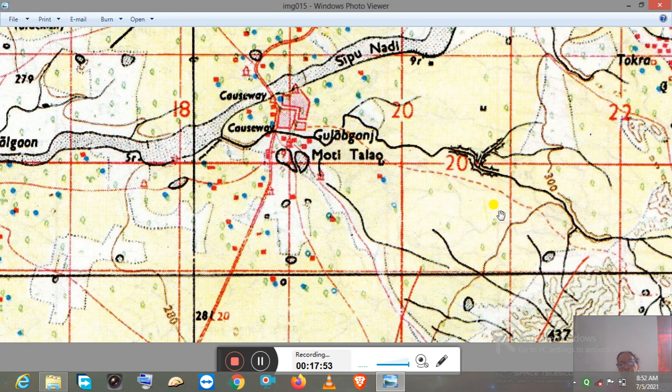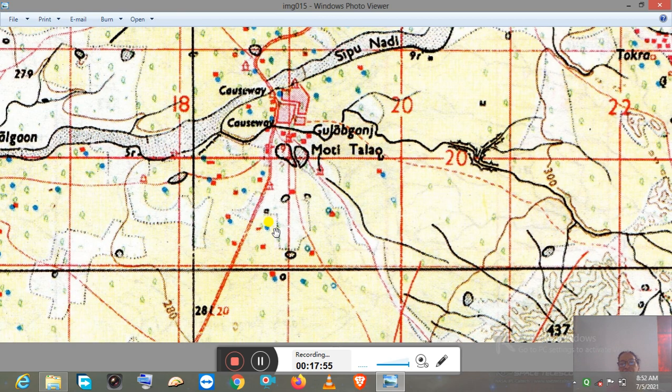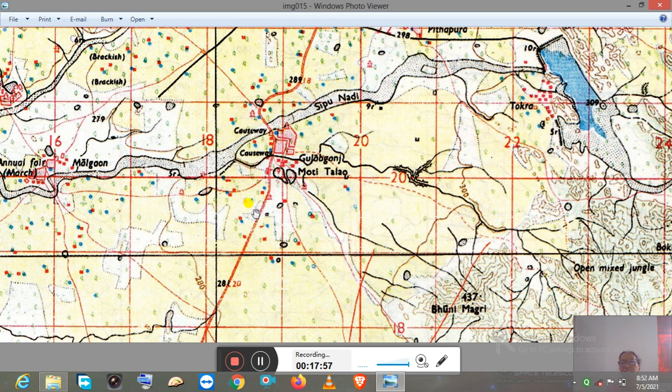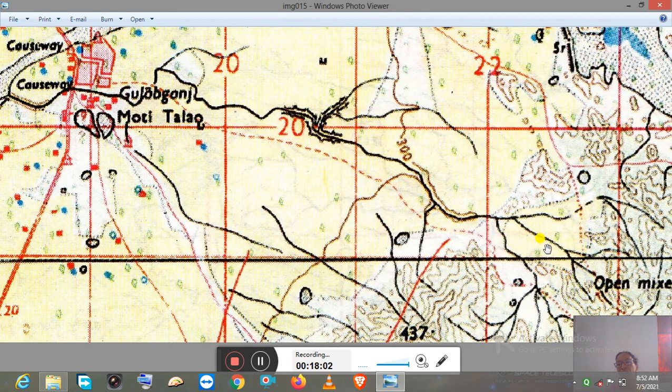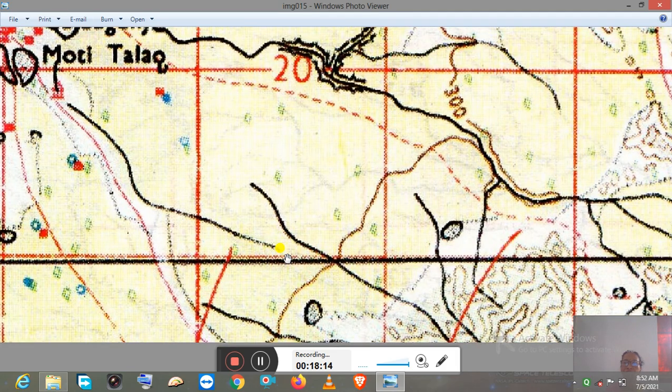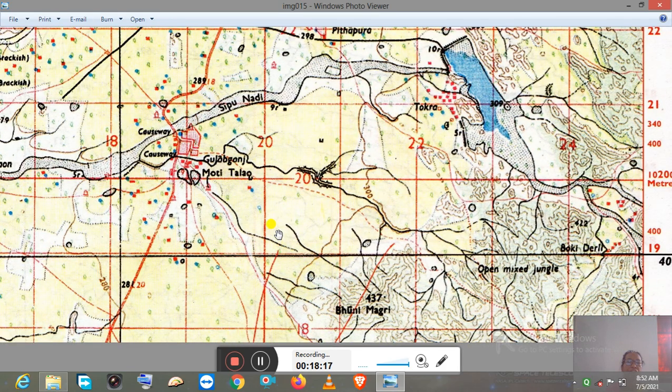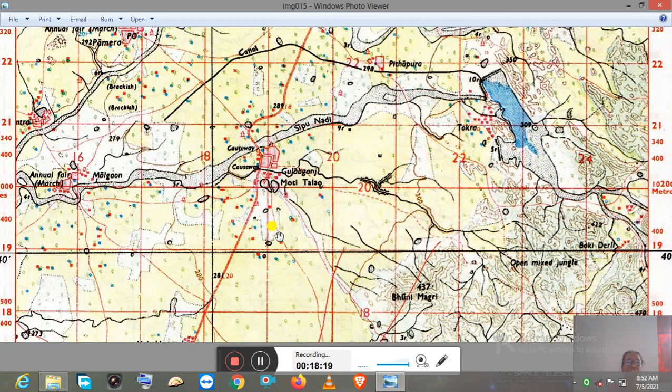This is known as pack track. And in the forested area, which is shown in green color, you can see red dots. This is the footpath. You are seeing different villages connected with different modes of transport.